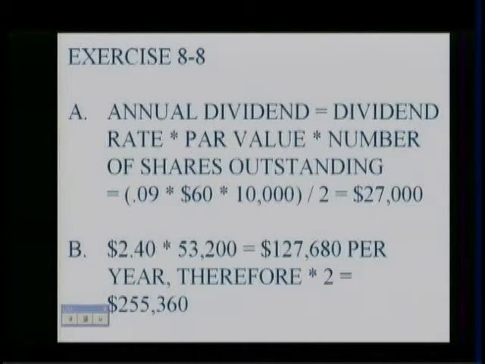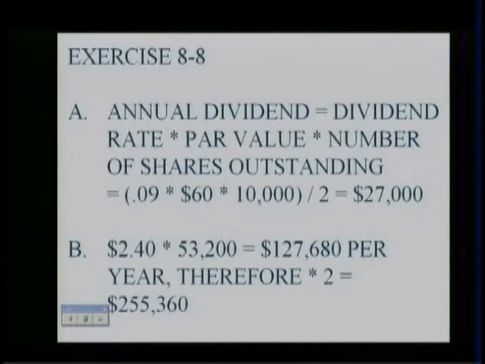Now letter B, we're paying an annual dividend of $2.40, cumulative preferred stock, 100,000 shares authorized, 60,000 shares issued, 53,200 shares outstanding. Last year's dividend has not been paid. Well, the first thing we have to do is figure out what our dividend would be.